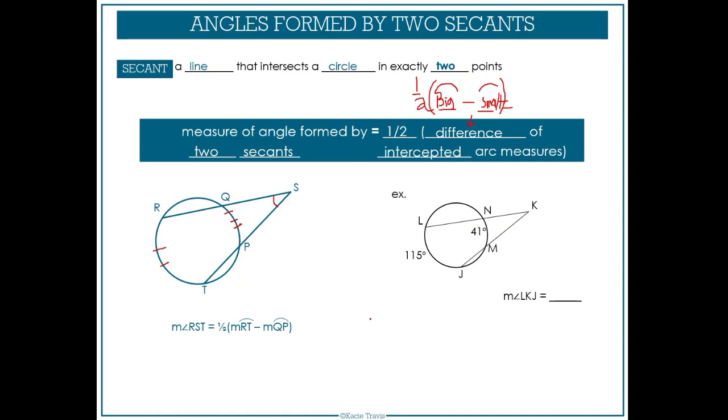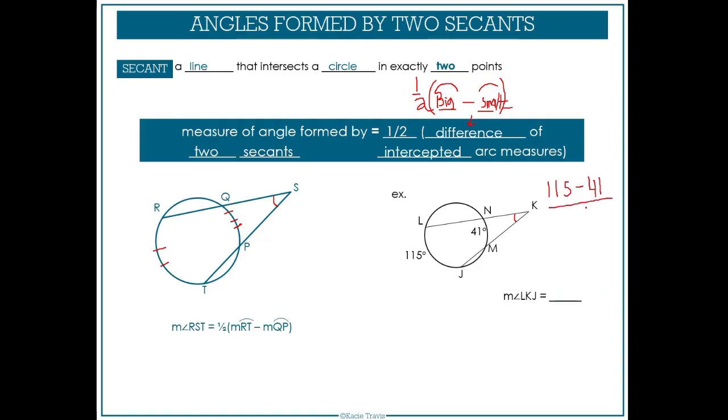So in our example here, we have two arcs. We have our big arc here, 115, and our small arc here, 41. And we want to find the angle out here, LKJ. So what I do is I take the difference of my two arcs. So 115 minus 41.